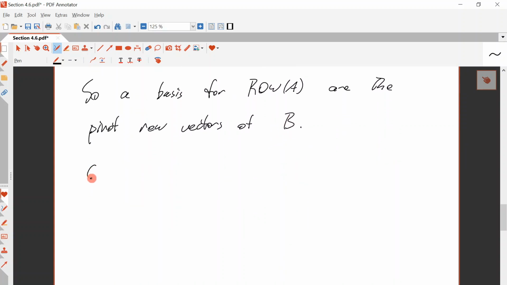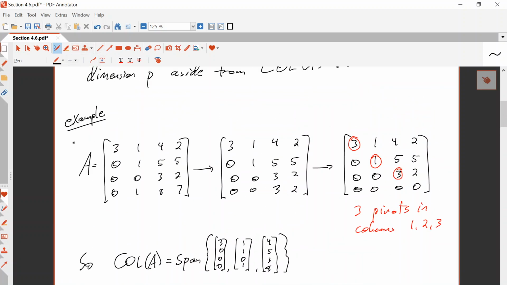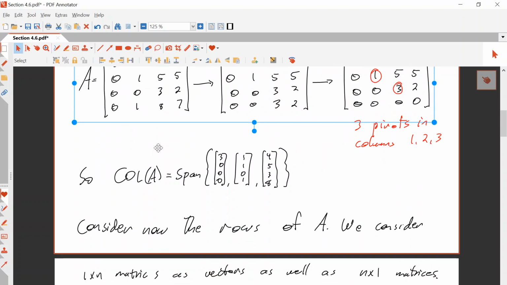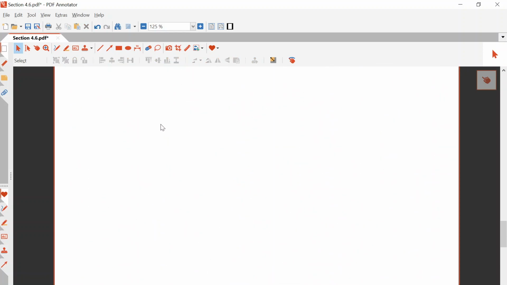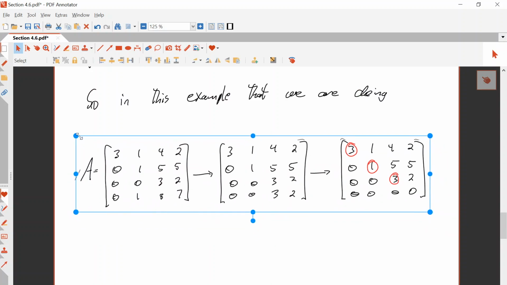So for example, in this example that we're doing, the row space of A, well, what's that original matrix? Let's make that a little smaller.